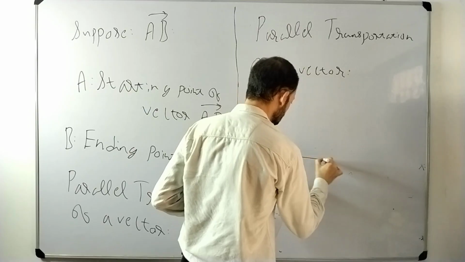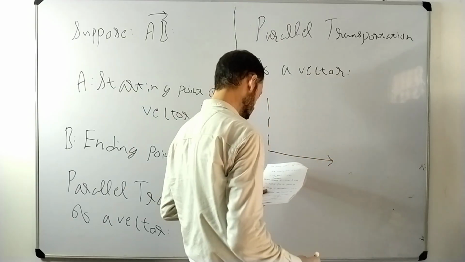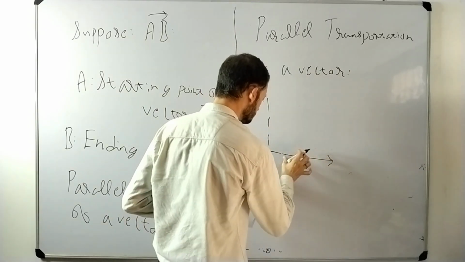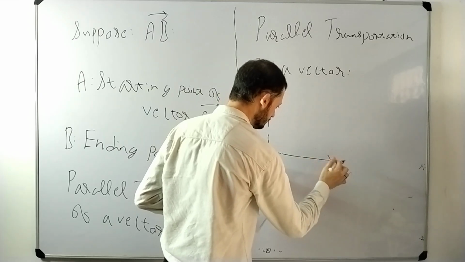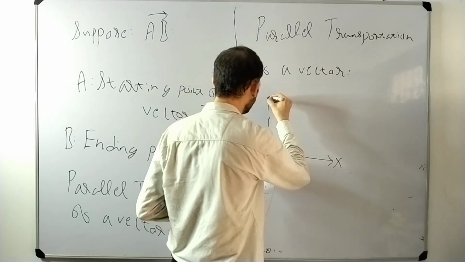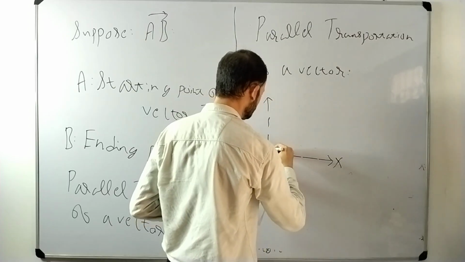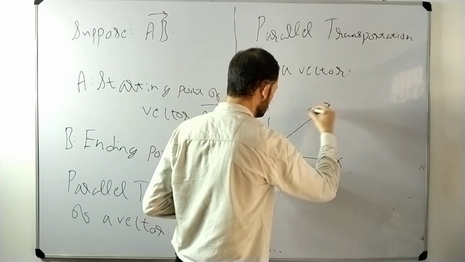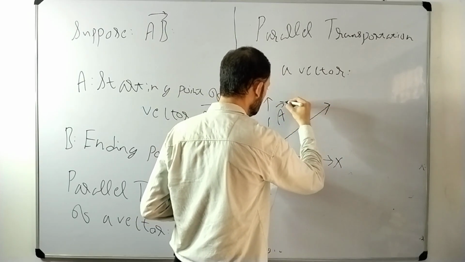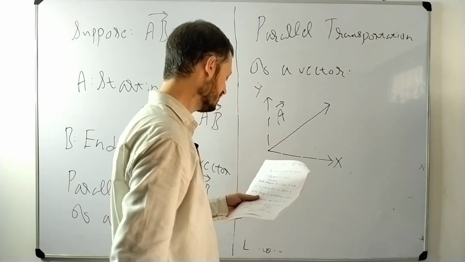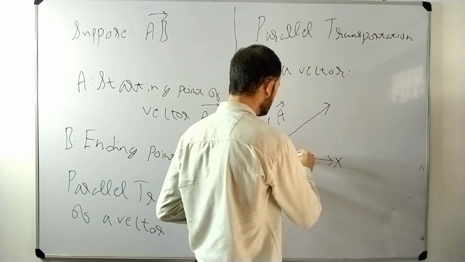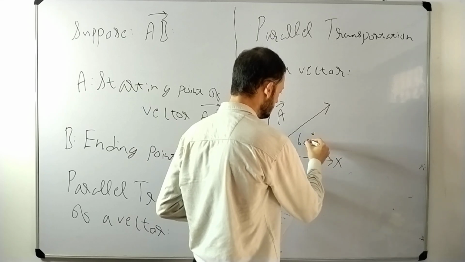This is the x-axis, and this is the y-axis. This is the vector A, and it is making 60° with the x-axis.